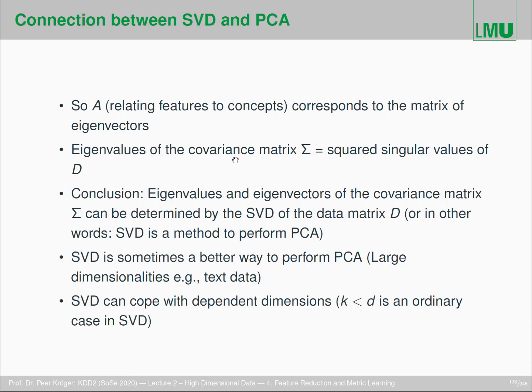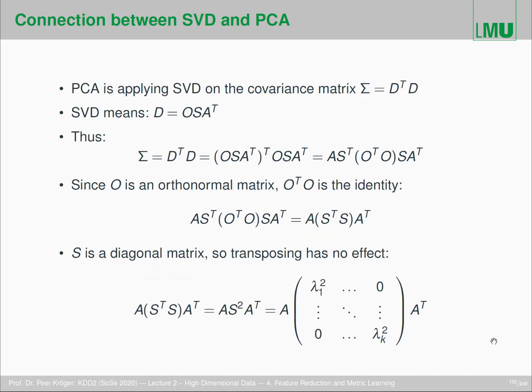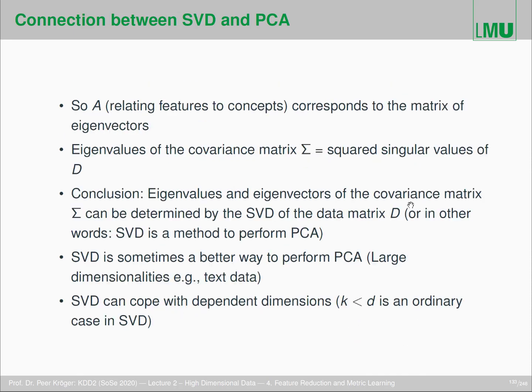The eigenvalues of the covariance matrix sigma are obviously the squared singular values of D, because we just got S squared here. If we perform SVD on the covariance matrix, we get as the eigenvalue matrix the squared singular values. So the eigenvalues of the covariance matrix are the squared singular values of the data matrix.